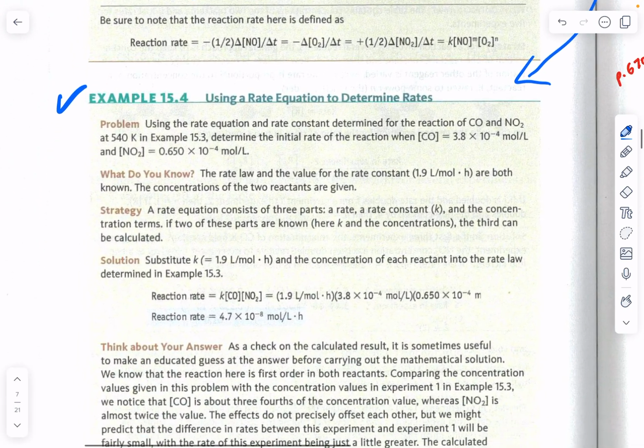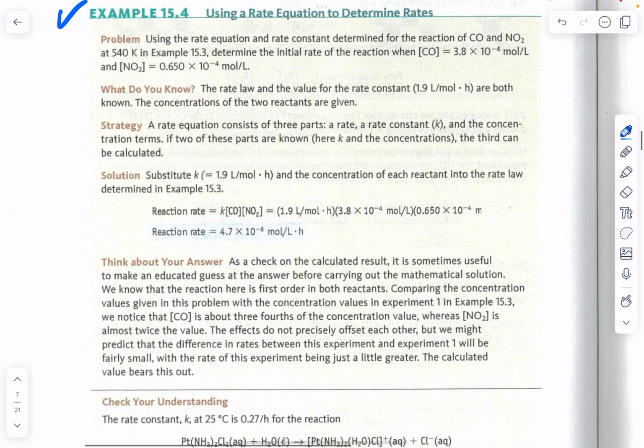Here's another example. Using the rate equation and the rate constant that we already found in a previous example. So given the correct rate law right here, which is first order with respect to each reactant, and given the value of K, this is also given, can we make a prediction?